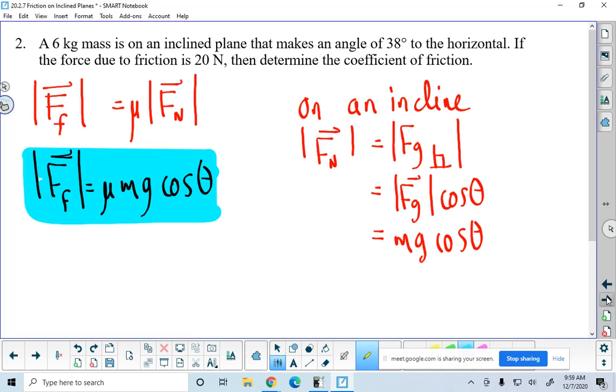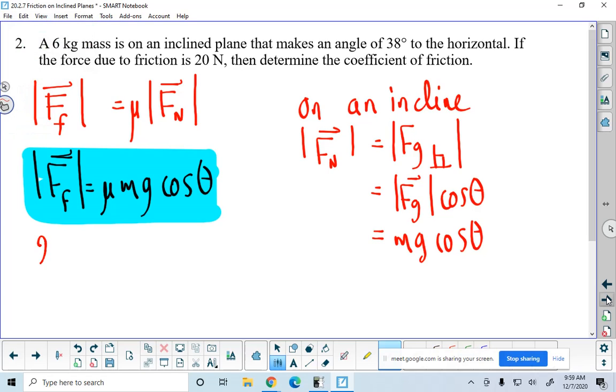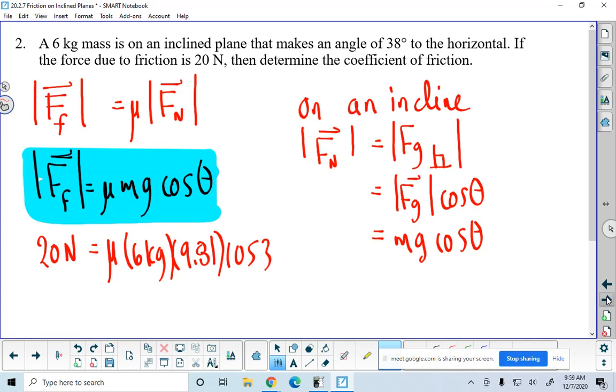Okay, let's put the numbers in. The force of friction is 20 newtons, so we have 20 newtons equals mu, which we do not know, times the mass, which is 6 kilograms, times 9.81, times cosine of 38 degrees.